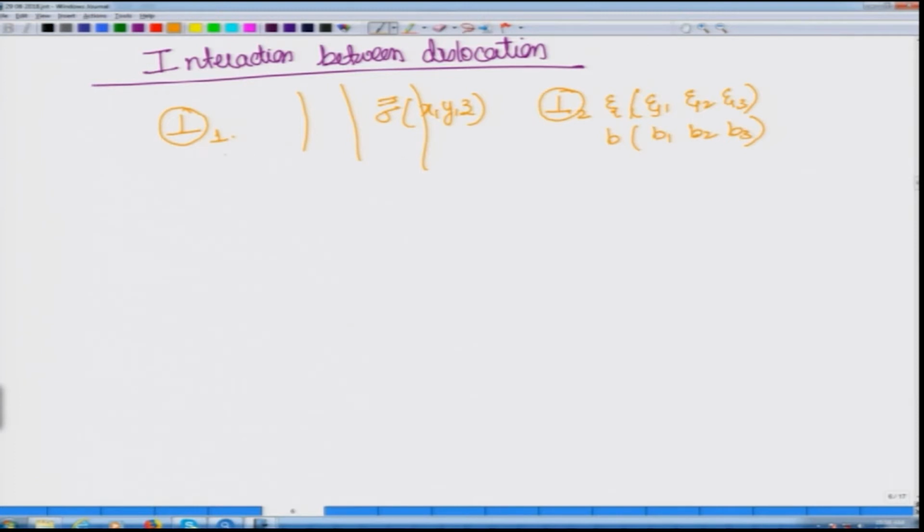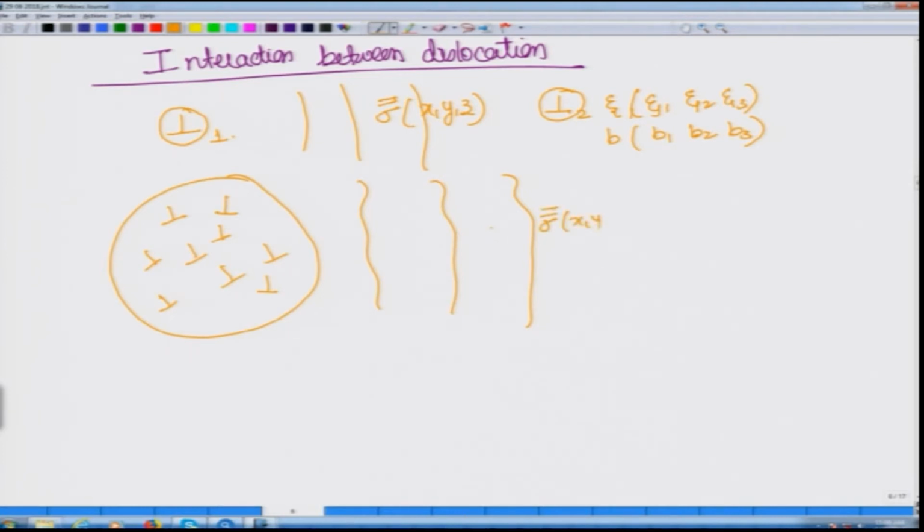Now, what we have said so far is that these stresses are acting onto this dislocation 2 because of one dislocation. However, what we are taking into account is just the stress field, and this stress field can be generated by not just one dislocation, it could be a bunch of dislocations. So, let us say there is this bunch of dislocations because of which there is some stress field again which will have the form sigma x y z.